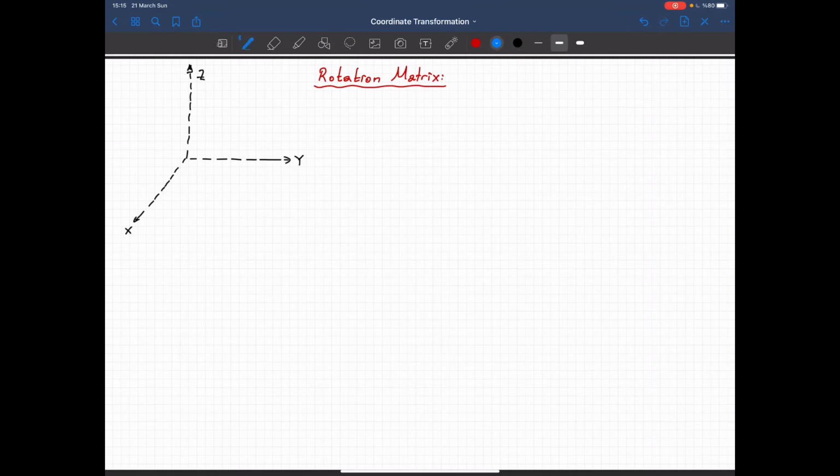And we have, let's show it this way, and Z. These are U1, U2, and U3. These are the shell's local coordinate axes.